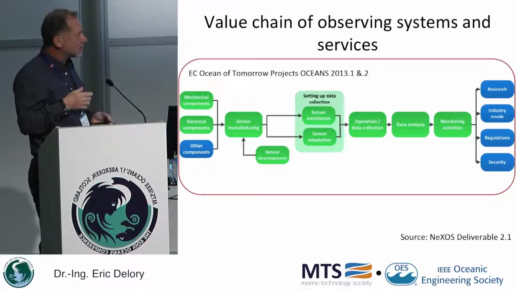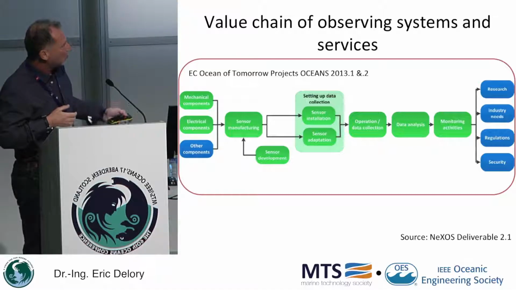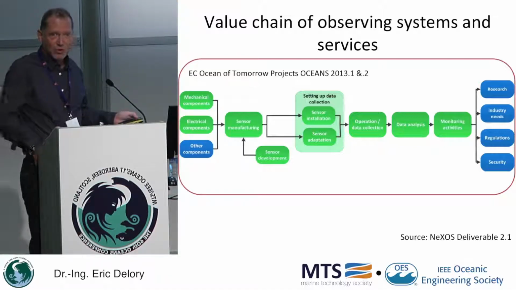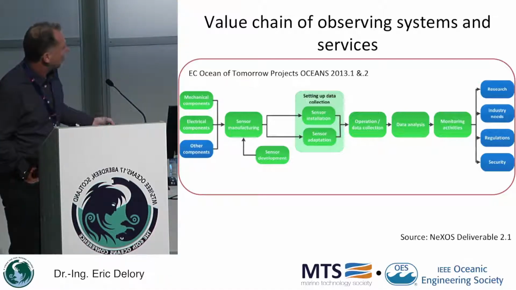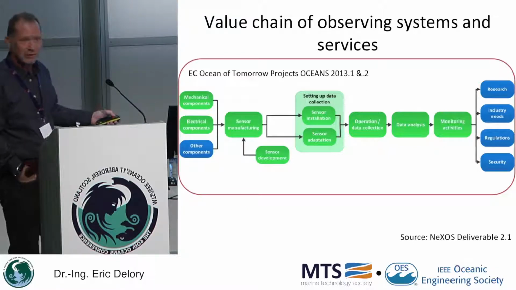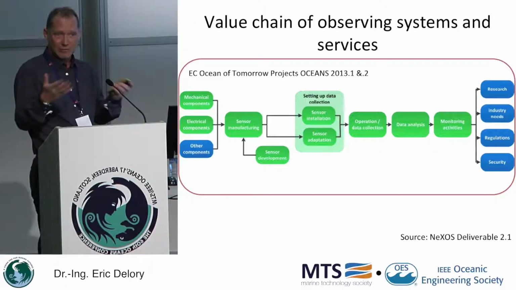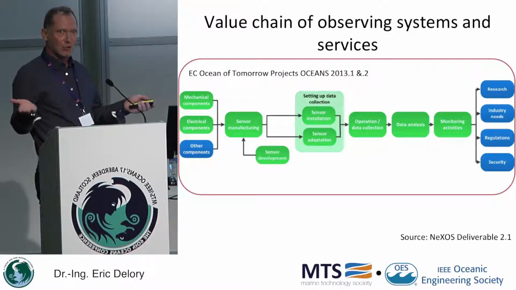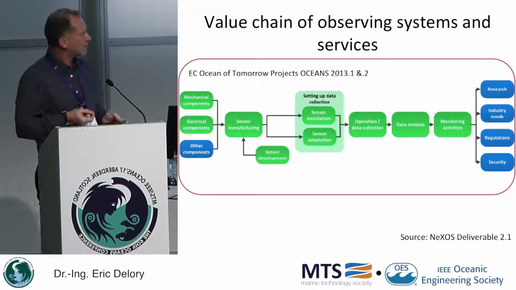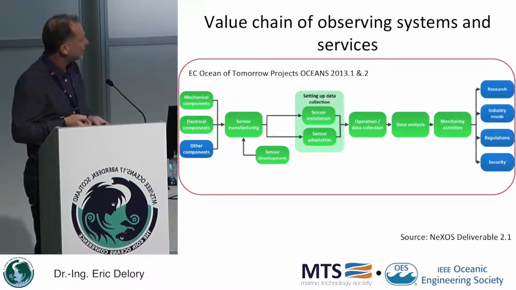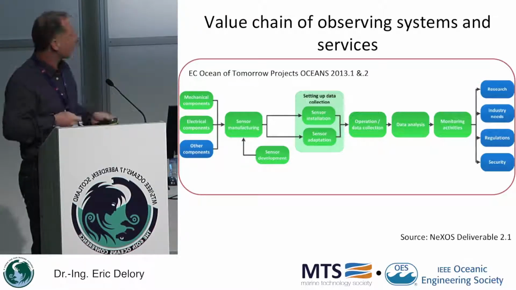For instance, should you work at reducing the cost of mechanical components? Should you work at reducing the cost of sensor installation? Or should you make an objective and honest analysis of the system in order to improve it in terms of cost?